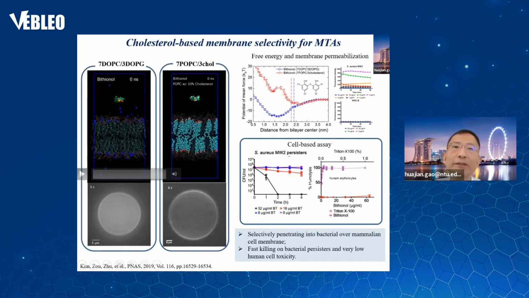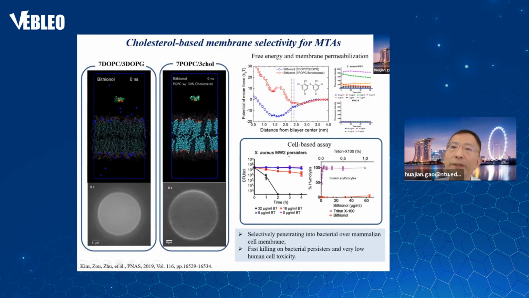Pacino is an existing drug on the market for antiparasitic use, which we find can also be used as a membrane targeting antibiotic. When you bring this Pacino to the interior of the membrane, the blue curve shows the bacteria mimicking membrane. So the Pacino can easily penetrate into the bacterial membrane with no energy barrier.